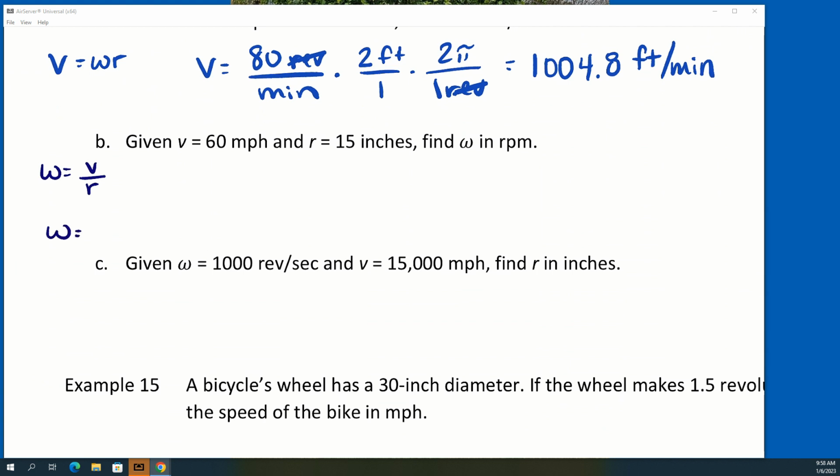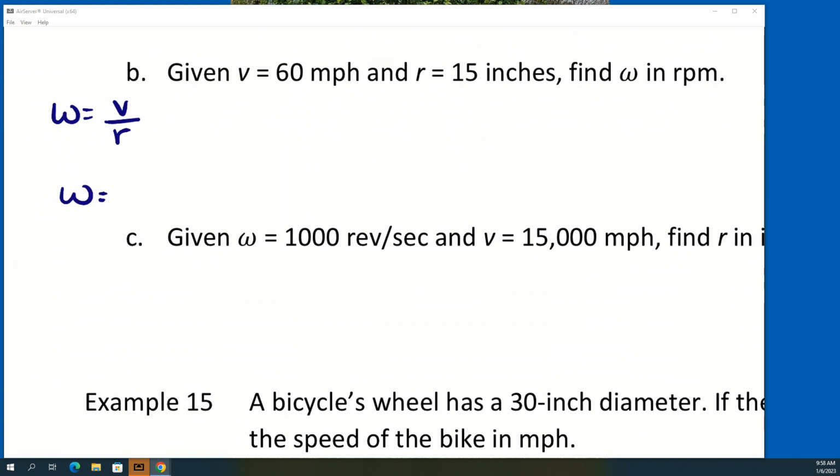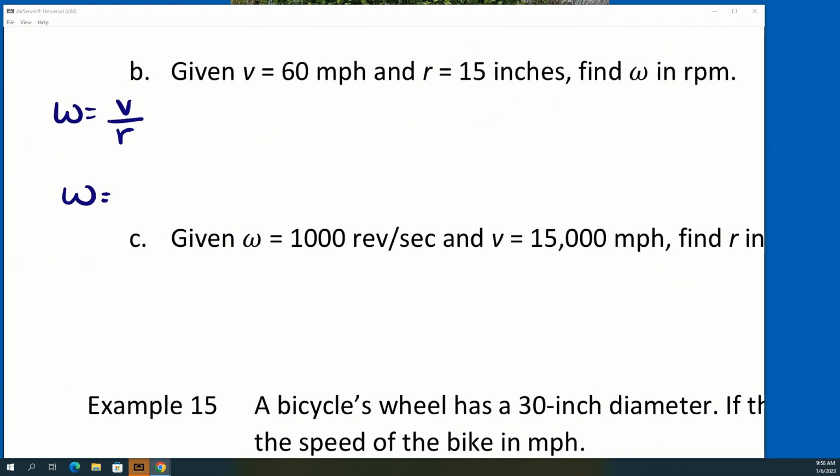Now, on these fractions, we're not dividing, we're only multiplying. So how can I change that division problem to a multiplication problem? What's the same as dividing by r if we're multiplying? All right, we're going to multiply by the reciprocal of r.